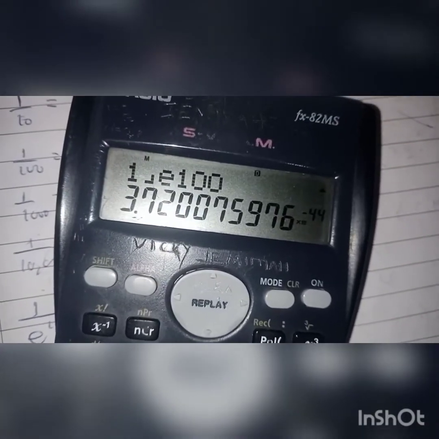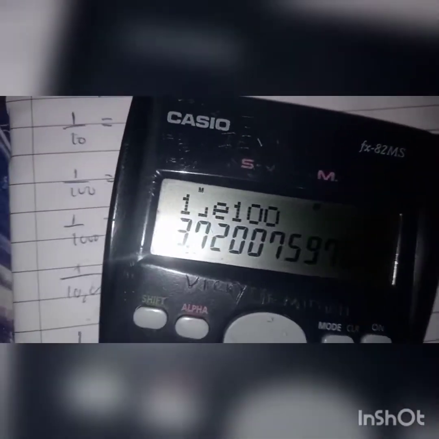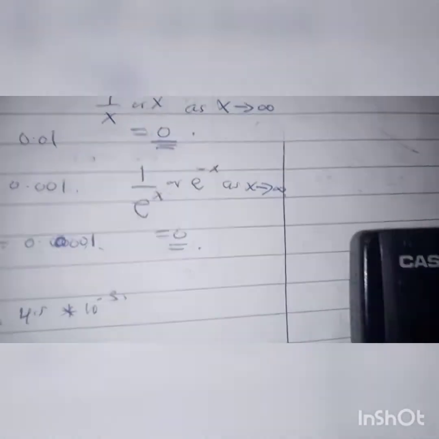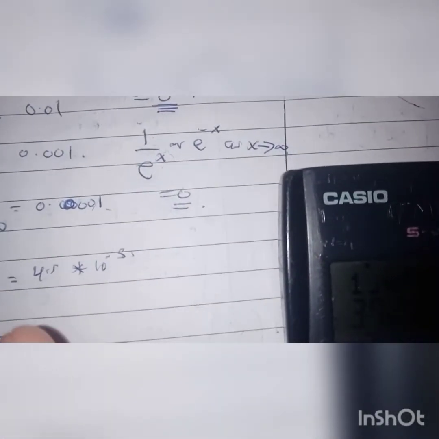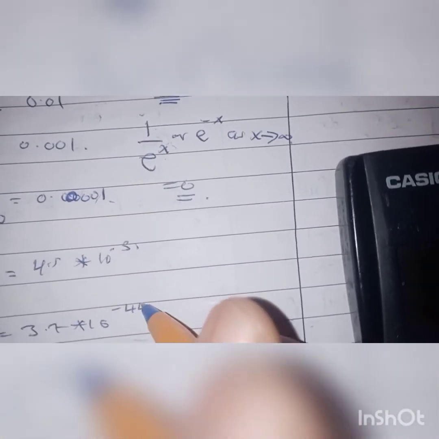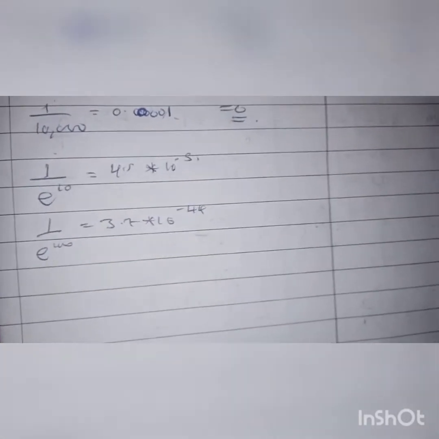You can see it is raised to power negative 44, 3.7 times 10 raised to power negative 44. So it keeps on approaching 0 and 0 and 0. We can see this function keeps on approaching 0.